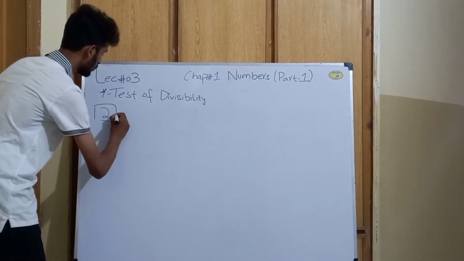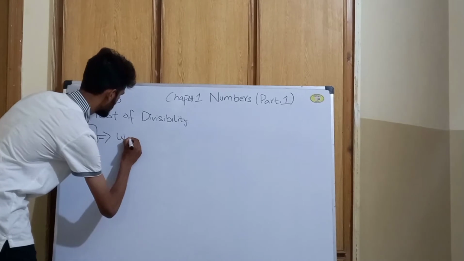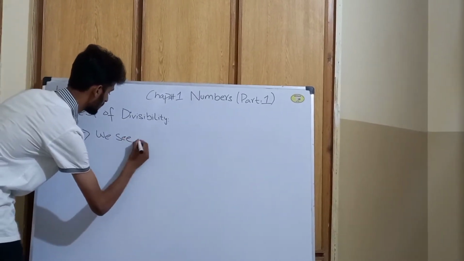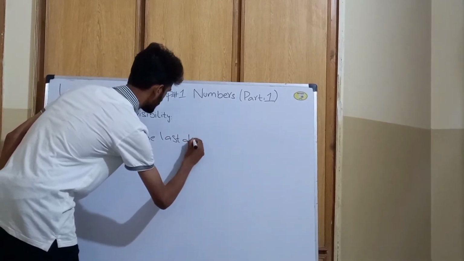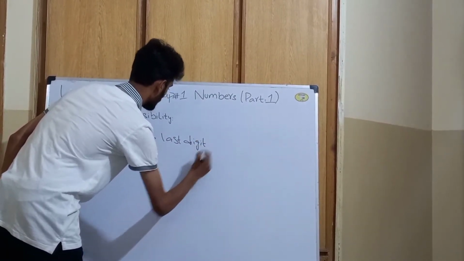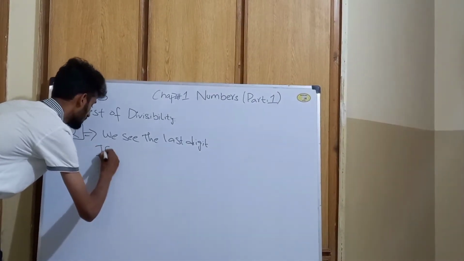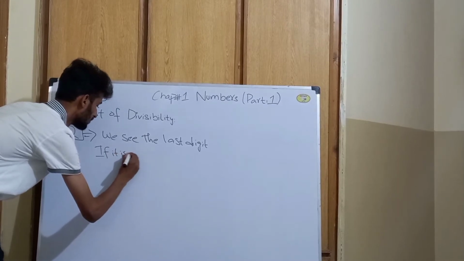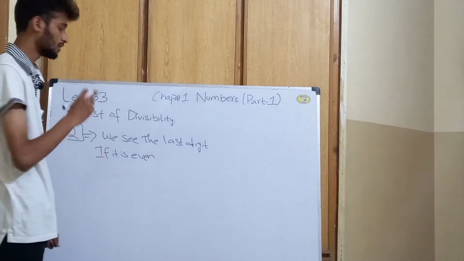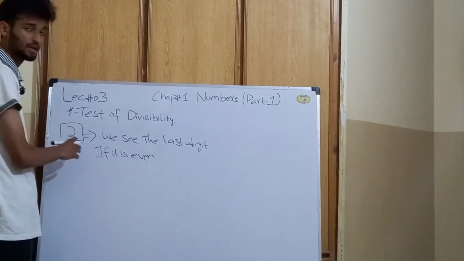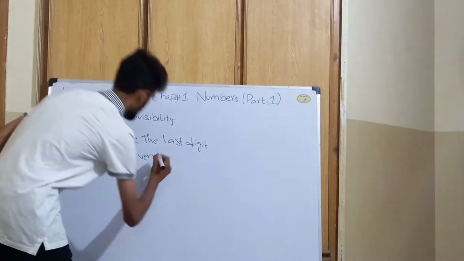In case of 2, we see the last digit of a number. If that digit is even, by even I mean the numbers which are divisible by 2, even numbers 0, 2, 4, 6, 8, these all are even numbers.